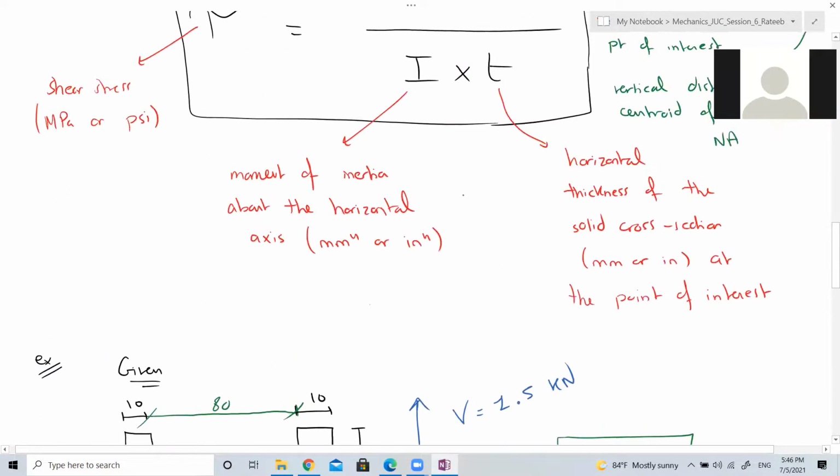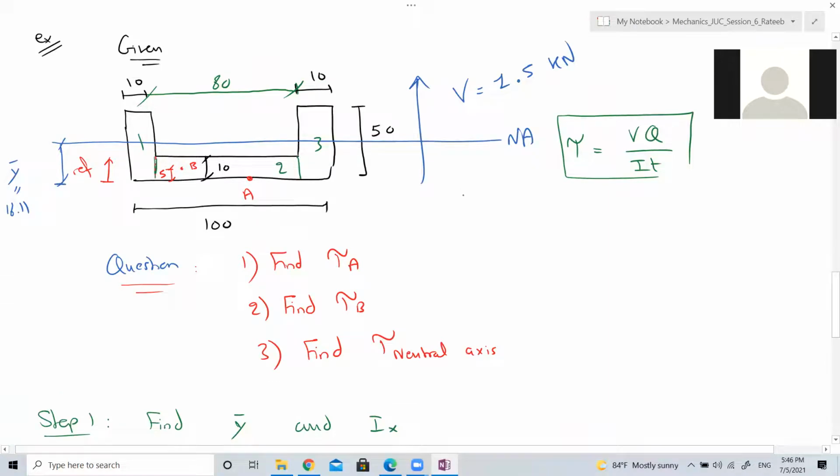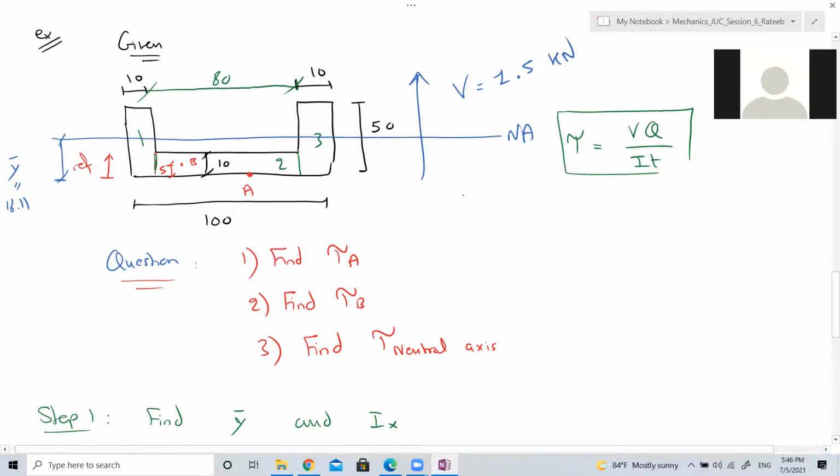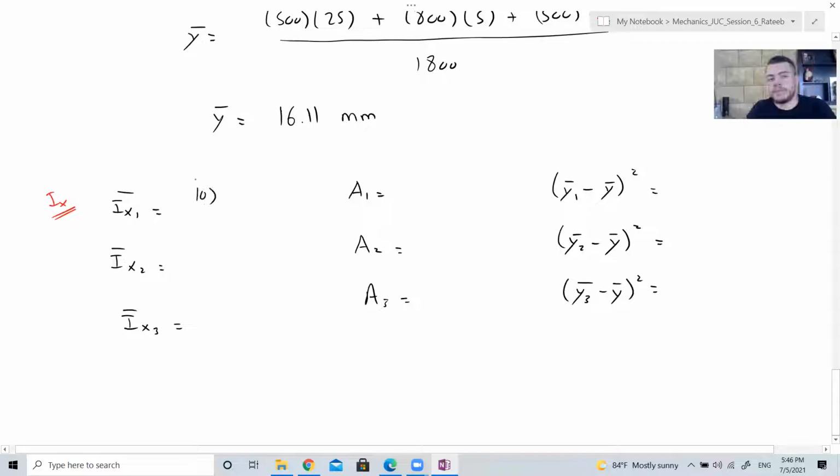What is Ix1 bar? Jaafar, go ahead. Ix1 bar is 10 multiplied by 50 cubed over 12.